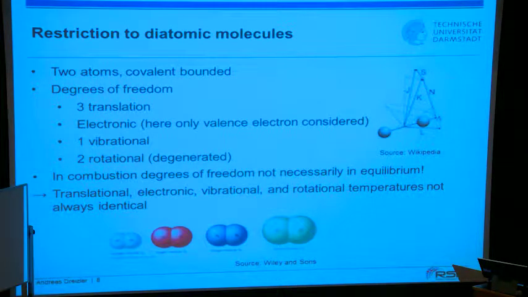So such a molecule can rotate only in this direction and this direction. And that means we have these 2 degrees of freedom in rotation. So we will go through them and find out after the break which degrees of freedom are most suited for thermometry in the gas phase.